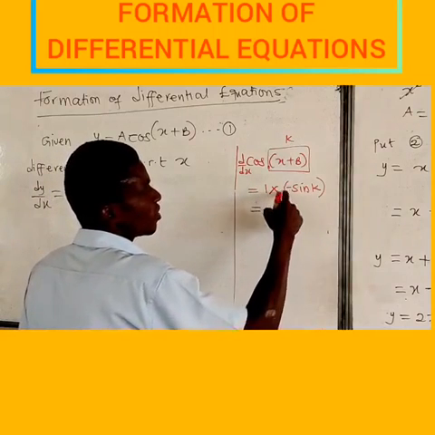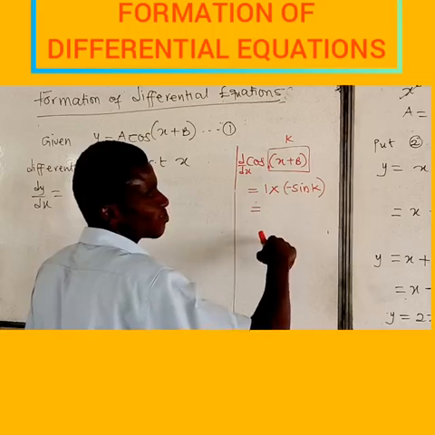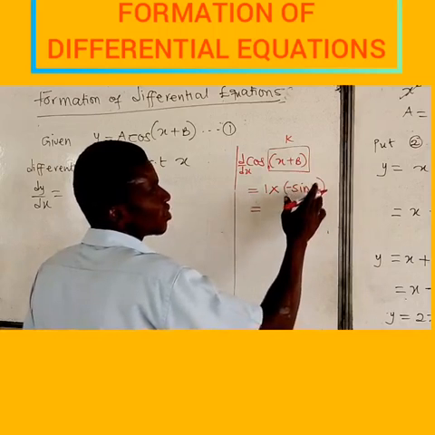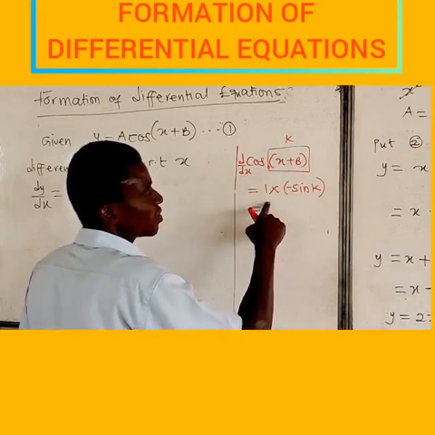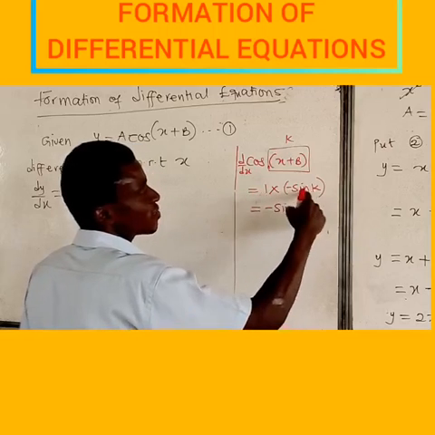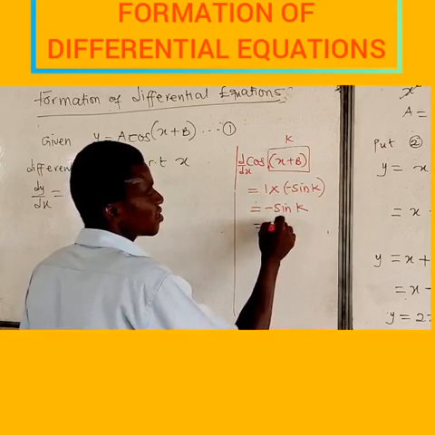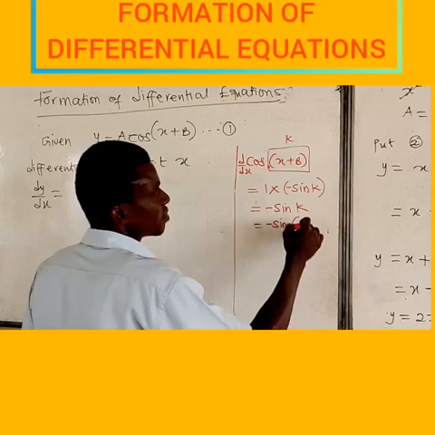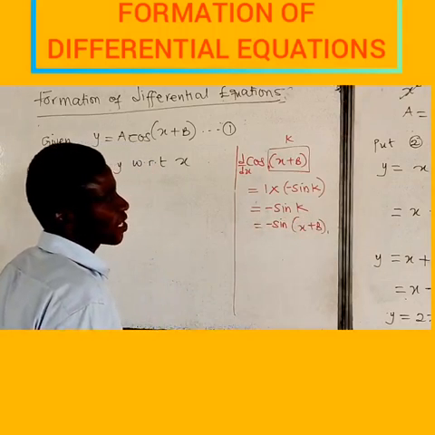But k wasn't part of the equation given to us, so we rewrite this as negative sine k, because 1 times this is negative sine k. But what is k? k is x plus b.